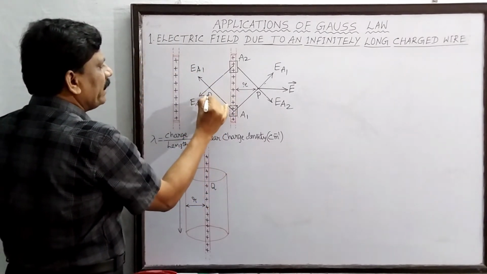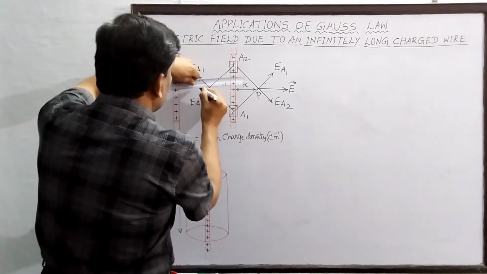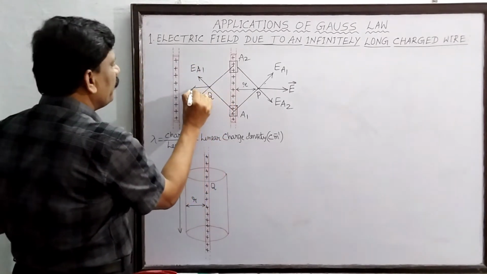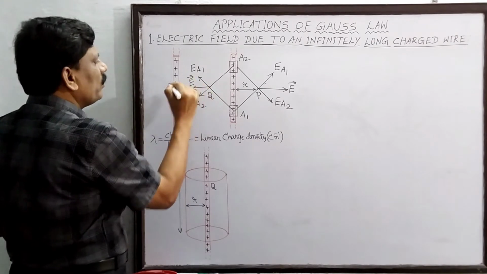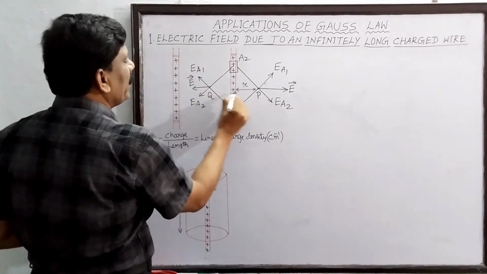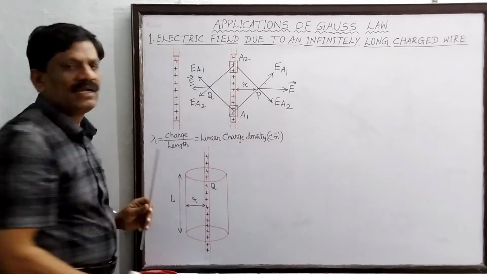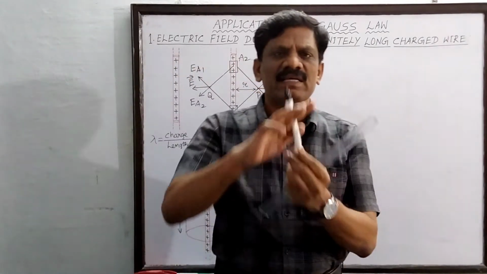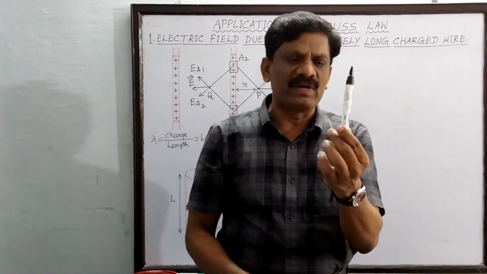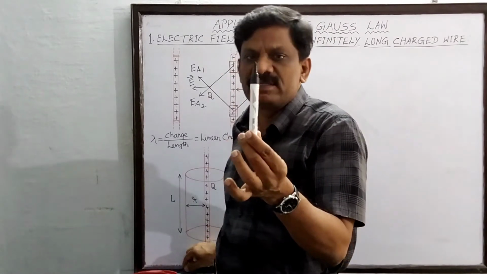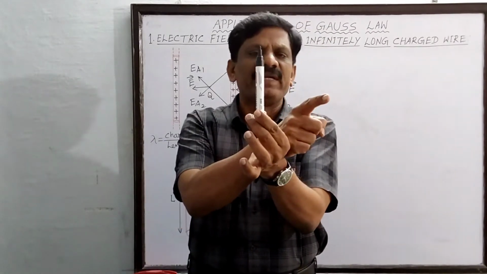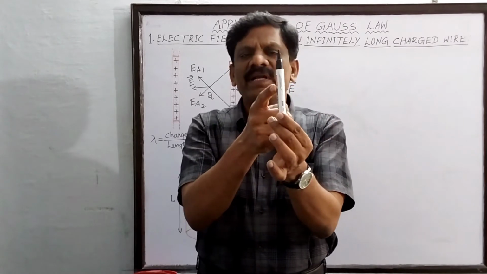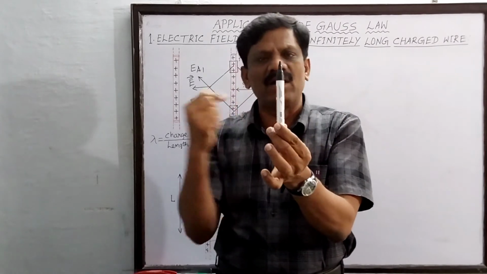So this is the point Q, and the resultant of these two will be radially outward, perpendicular to the length of this wire. If you consider the straight wire like this, the point P is on the right side of the wire on the board, and the point Q is on the left side of the wire on the board.